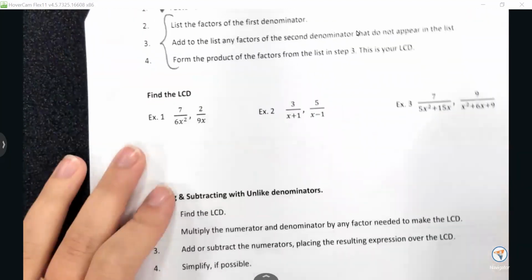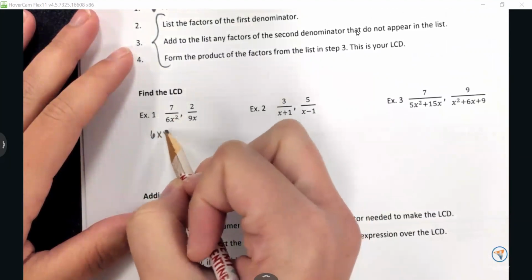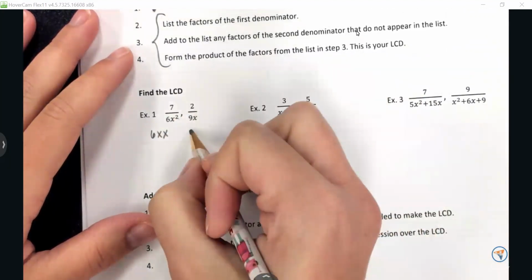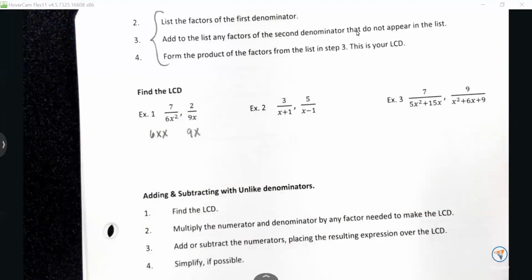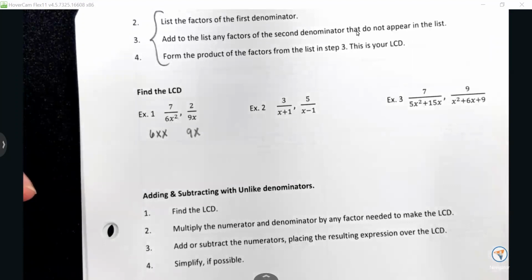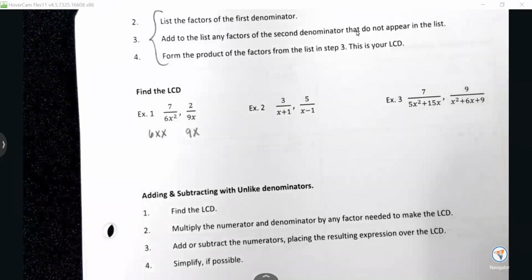So example number 1, my denominators are 6x squared, which is basically a 6xx, and 9x, okay? So I need the least common denominator. It is 18 because I can multiply 6 times something to get to 18, and I can multiply 9 times something to get to 18.